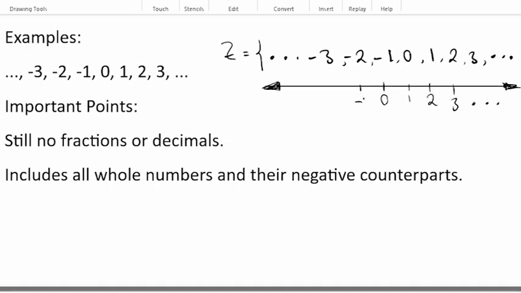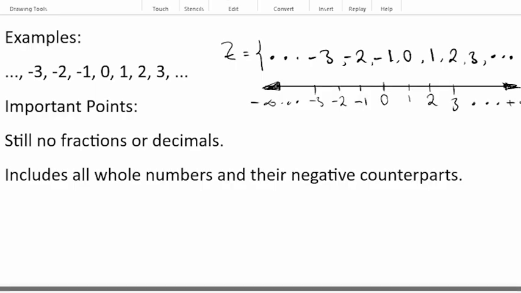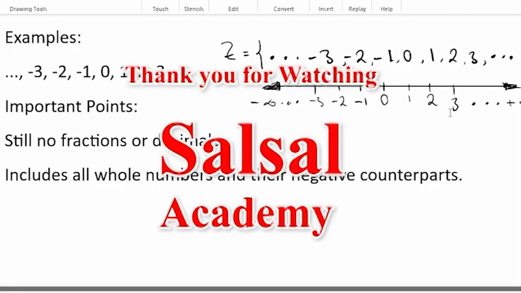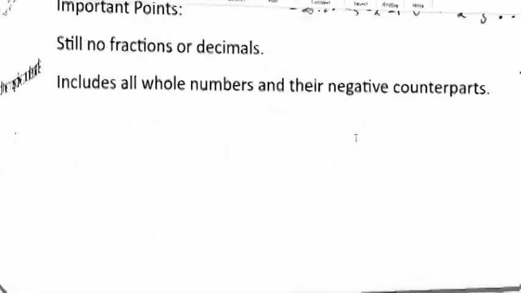On the left part: minus 1, minus 2, minus 3, and continue up to negative infinity, and here positive infinity. These types of numbers are called integer numbers. They include all whole numbers and their negative counterparts. Integers include positive and negative whole numbers and 0.